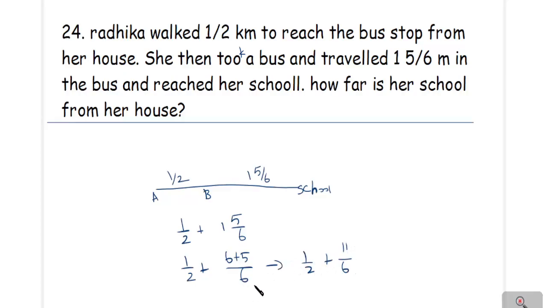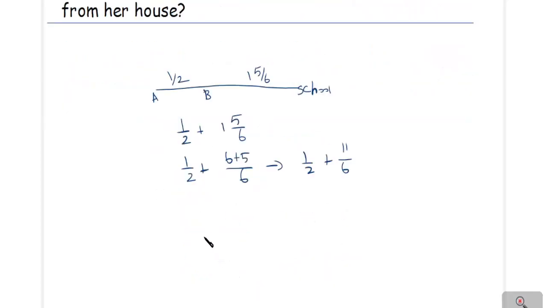As already seen, we cannot make direct summation of these two numbers. We have to find the common divisor. To find the common divisor, 2, 6, 1, 3 times. So 2 into 1 into 3 is 6. This is the common denominator.